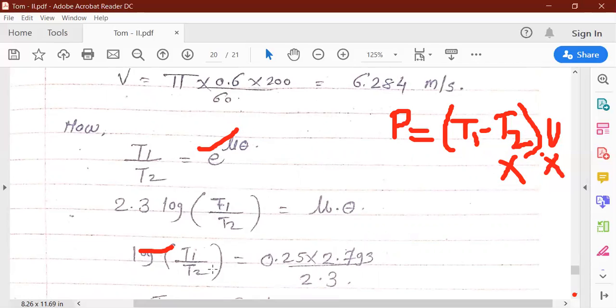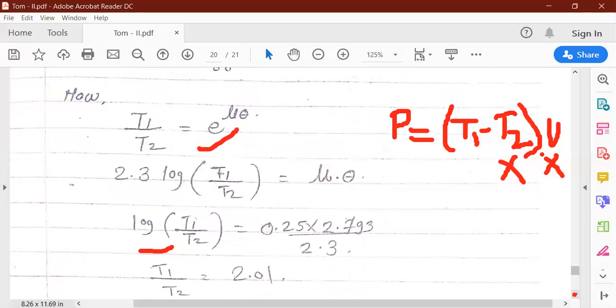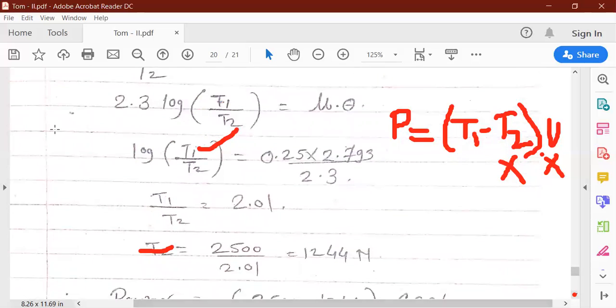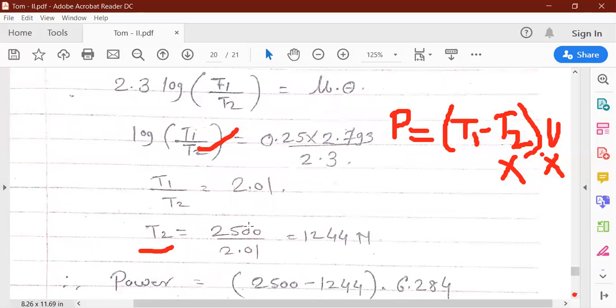So log of T1 upon T2 is equal to mu, put as 0.25, theta 2.793, divided by 2.3. We will get T1 upon T2 is equal to 2.01. That's why T2 is equal to 2500 divided by 2.01, that is 1244 Newton.